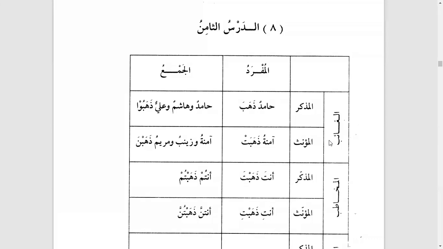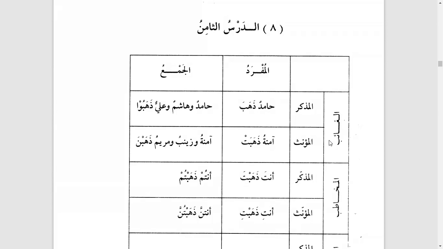However, that is for mawsuf and sifa. For nominal sentence, they should be equal in number and gender, only 2 things. So hamidun is masculine and dhahaba is also used for masculine. Hamidun, dhahaba: which one is subject and which one is predicate, and why? Hamidun is a subject. Okay.